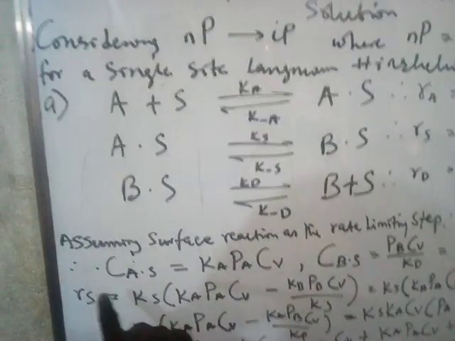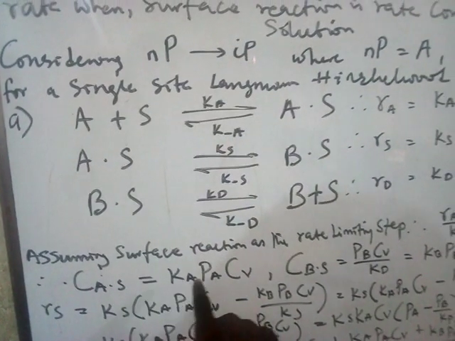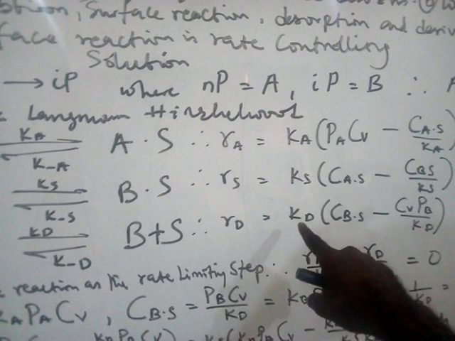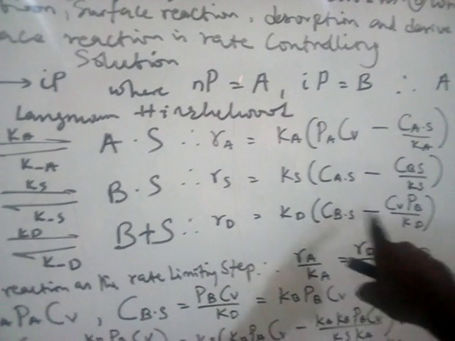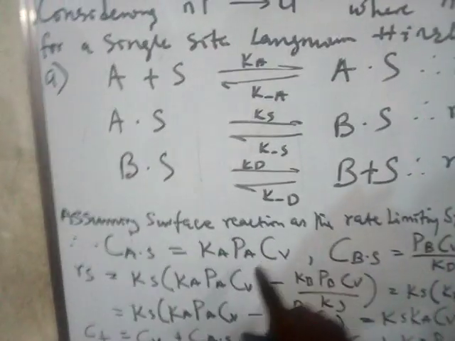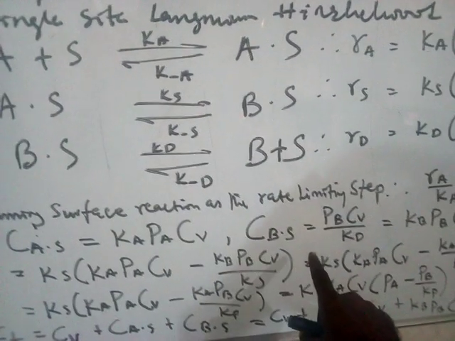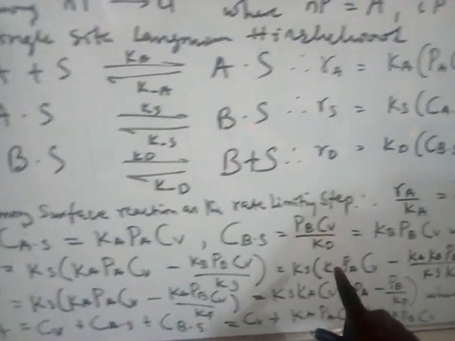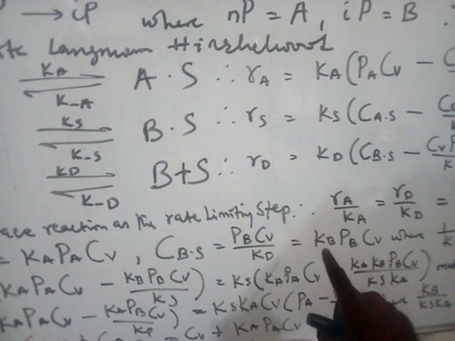When you make CAS the subject of the formula from there, you have Ka PA CV. Then from this last equation, since RD over Kd is equal to 0, that means everything inside here is also equal to 0. So you can make CBS the subject of the formula. And when you make CBS the subject, you have PB CV all over Kd, which is the same thing as saying KB.